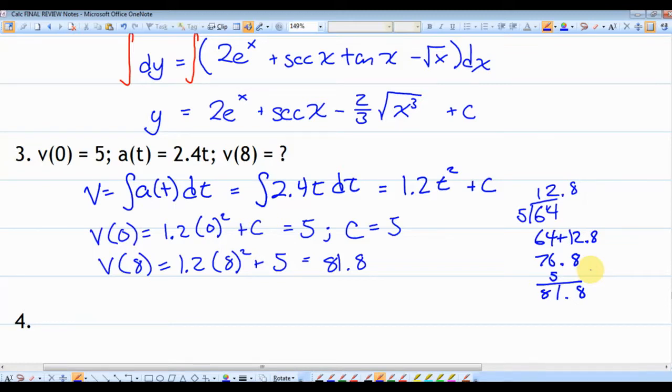Allow me to explain. 1.2 times 64 is the same thing as 1 times 64 plus 0.2 times 64. Okay, 0.2 times 64 is the same thing as 1/5 times 64. Well, I think 1/5 times 64 is the same thing as 64 divided by 5.